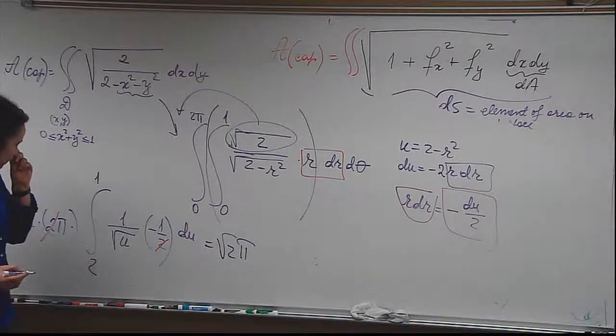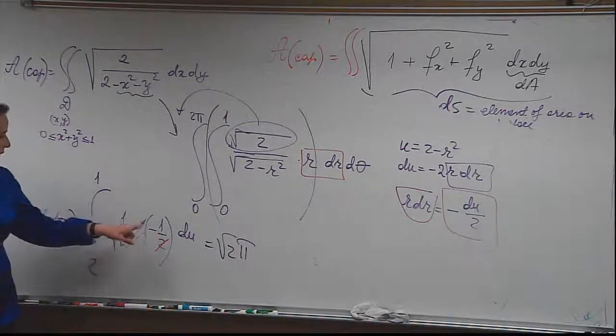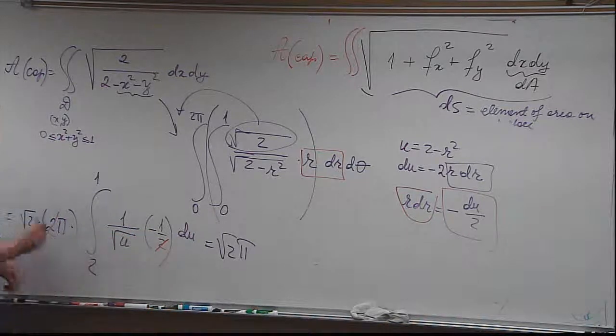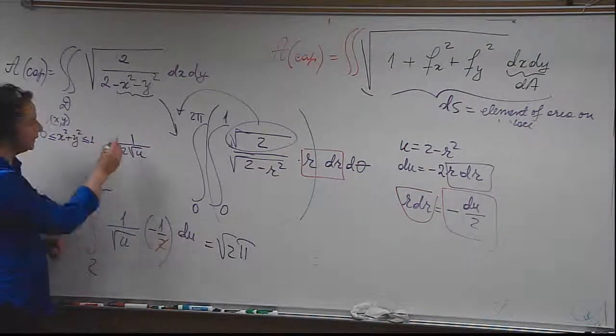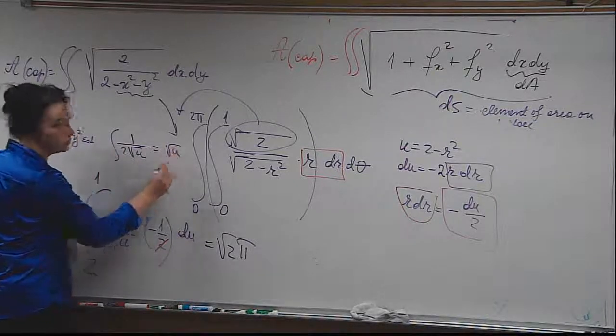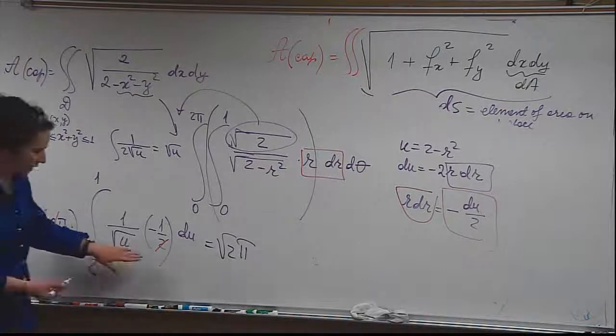Somebody was smarter than me and said, Alex, was it you? You said, why don't you take advantage of the fact that you already have 1 over 2 square root u and integrate, and that is going to be square root u. Who said that? I heard a voice.